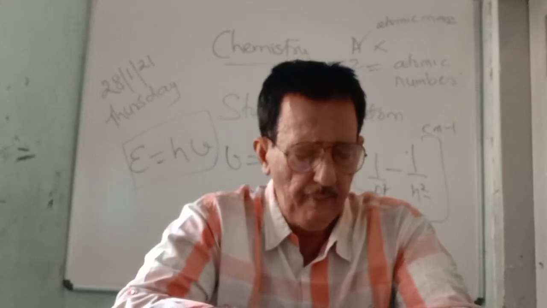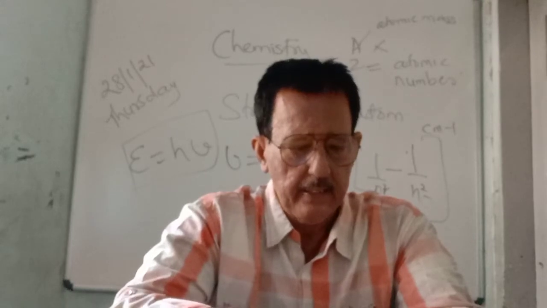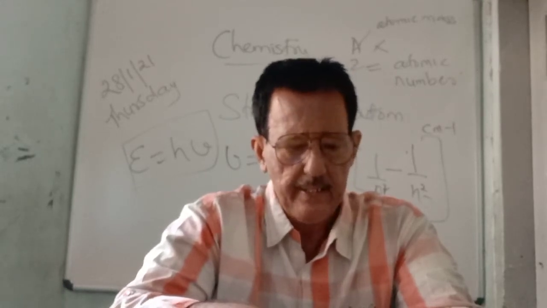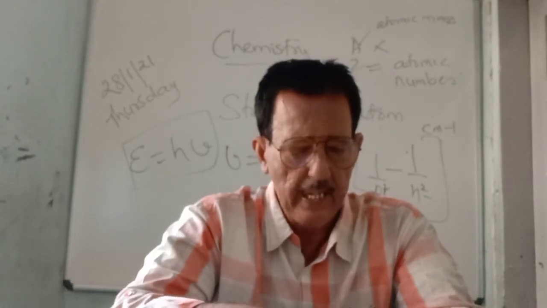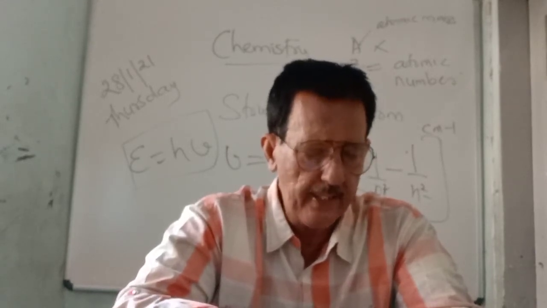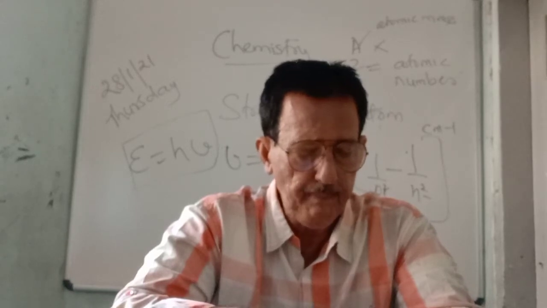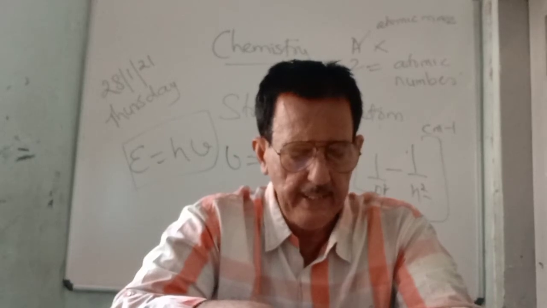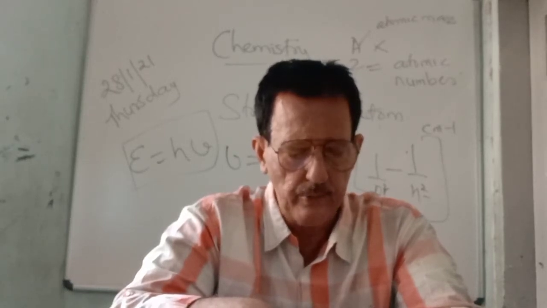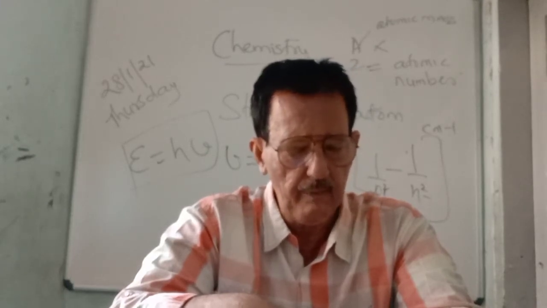Following the discovery of the nucleus in an atom, Rutherford found in 1919 that a fast-moving alpha particle transmuted nitrogen into oxygen with the simultaneous liberation of hydrogen. That means nitrogen 14/7 plus alpha 4/2 gives oxygen 17/8 plus hydrogen 1/1.